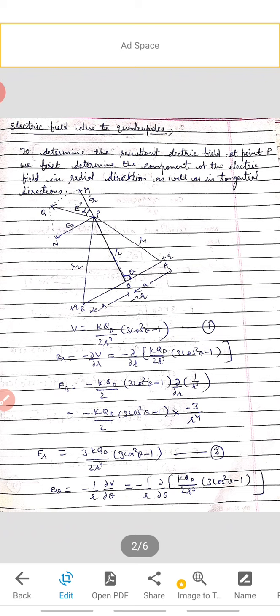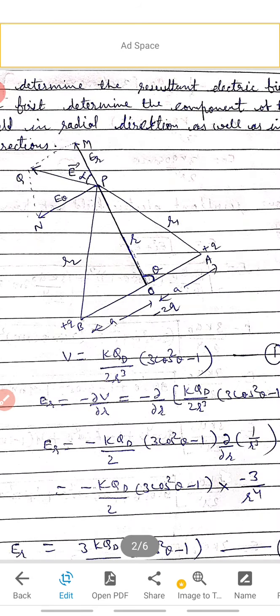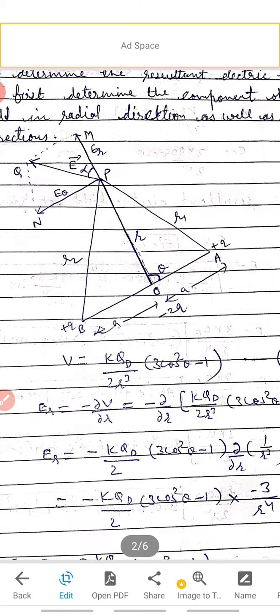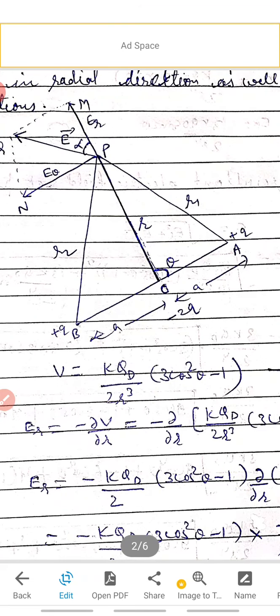Now, how can we calculate the electric field due to a quadrupole? For this, we consider this arrangement of the quadrupole.